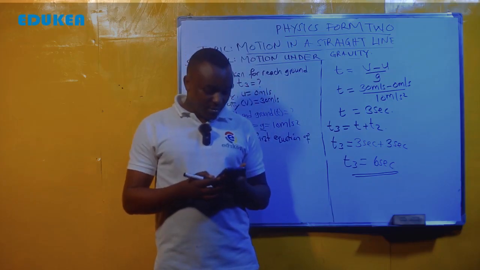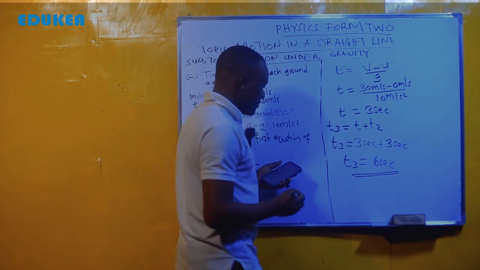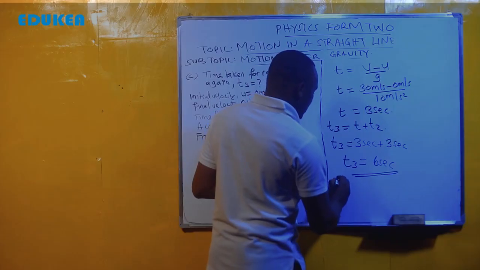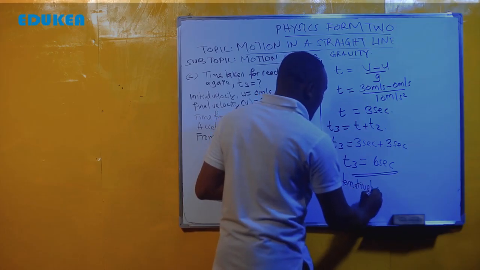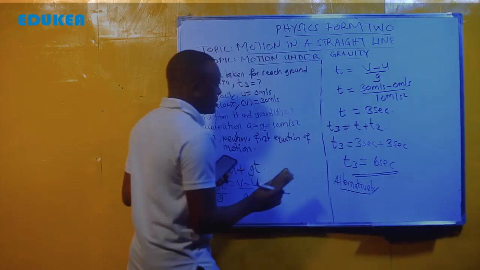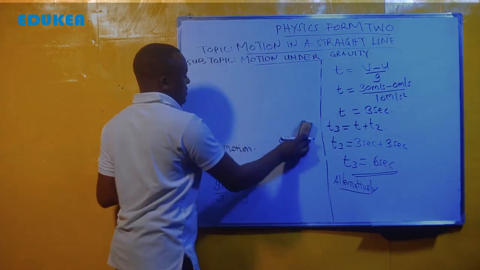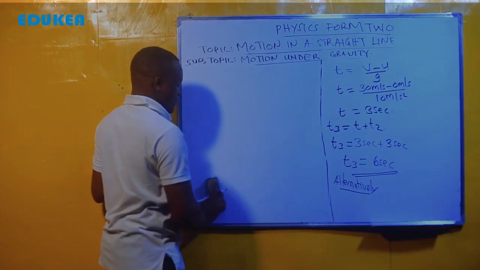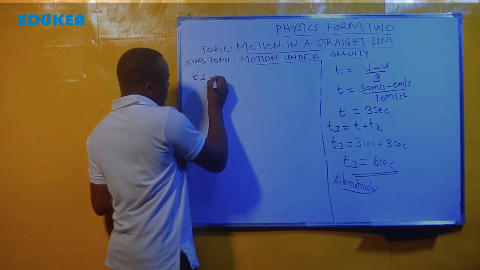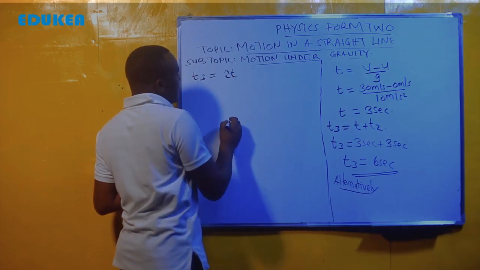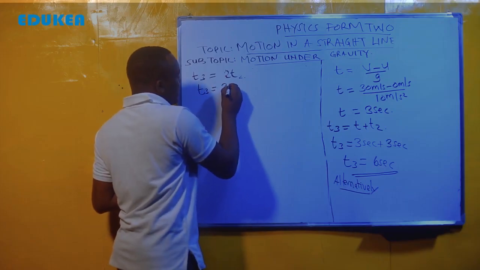But alternatively, we can do it by saying that time to reach the ground again is equal to 2 times the time to reach the maximum height, where the time to reach the maximum height was 3 seconds.